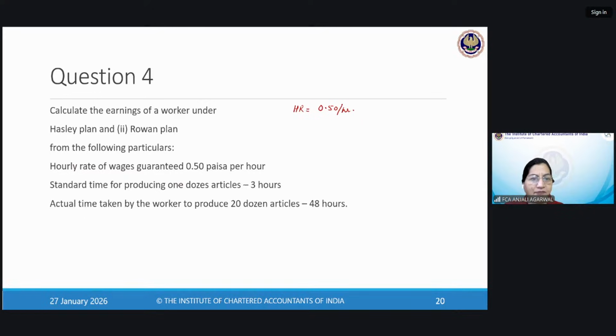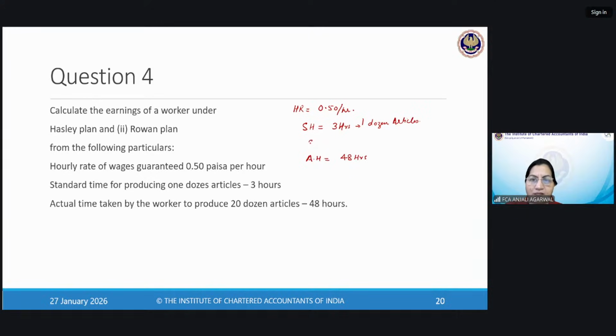And the standard time for producing 1 dozen articles is 3 hours. Actual time taken by the worker to produce 20 dozen articles: actual hours are 48 hours.